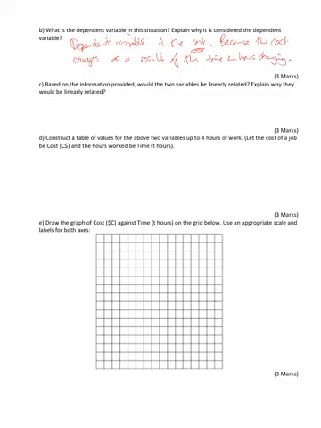So because of the independent variable changing, the dependent variable also changes. The cost increases as the time in hours increases. And that's why it's the dependent variable.